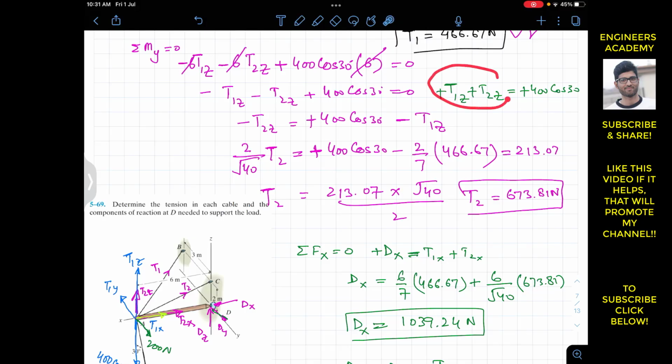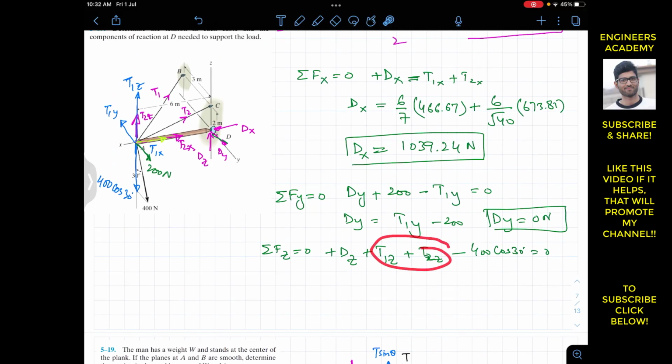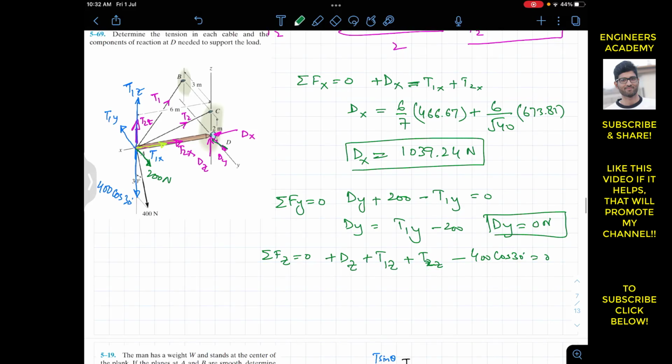So t1z plus t2z is equal to 400 cos of 30. So 400 cos of 30 minus 400 cos of 30 will give us 0. This means that dz, the reaction in the z direction, is also equal to 0 newtons.